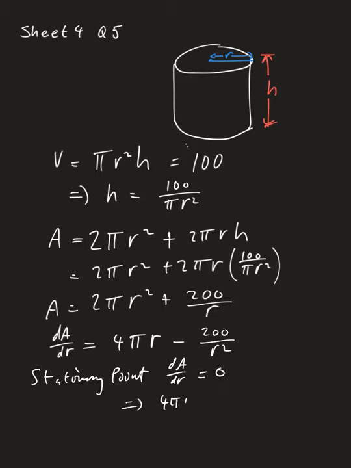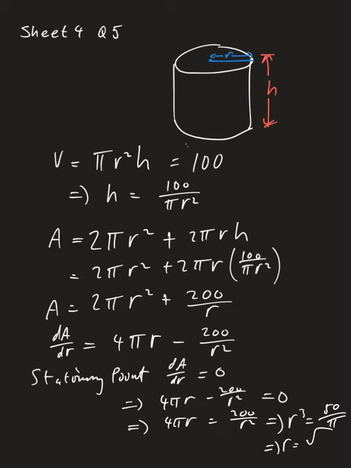That means that 4 pi r minus 200 over r squared is equal to 0. That means that 4 pi r is equal to 200 over r squared, which means finally r cubed is equal to 50 over pi, or r is equal to the cubed root of 50 over pi.